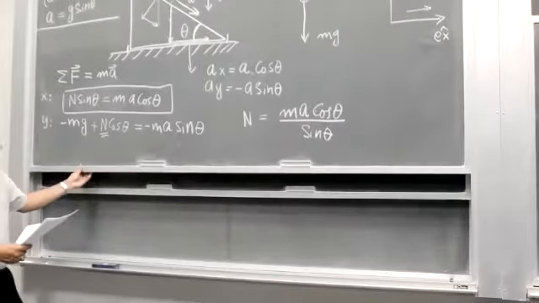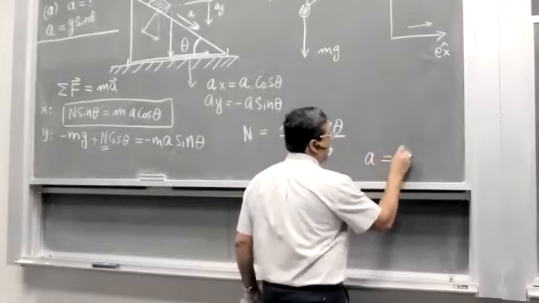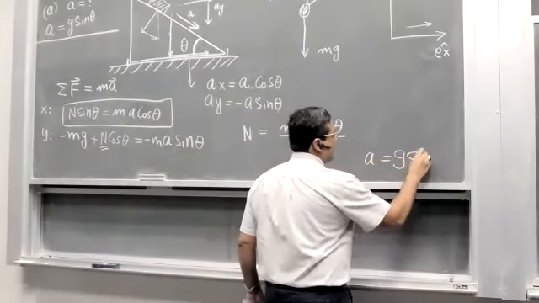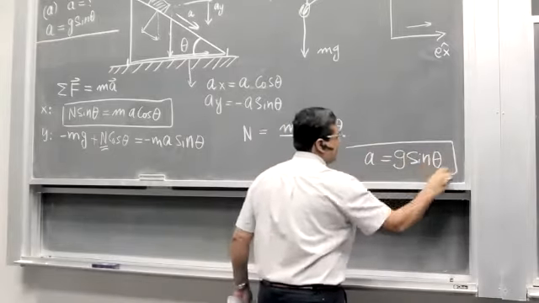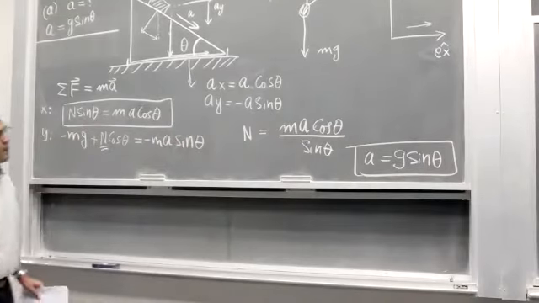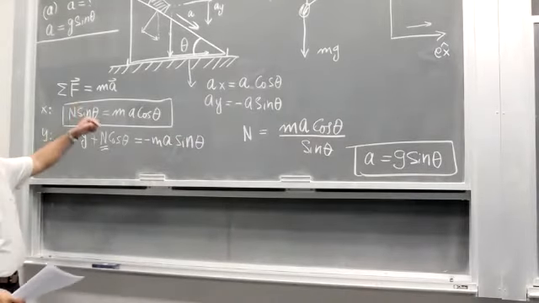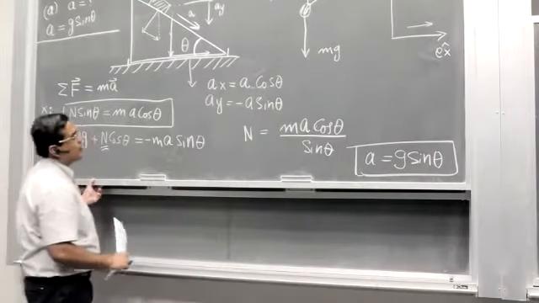The answer that you would get would be the same as before: a equals g sine theta. So the acceleration along the face of the wedge would still be a equal to g sine theta.